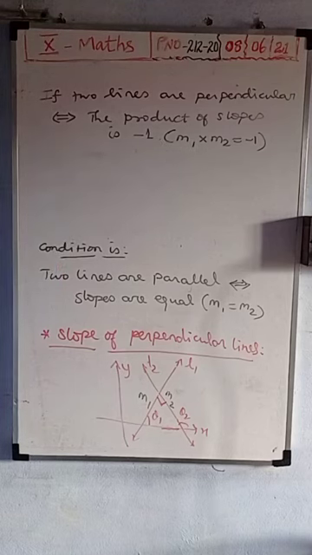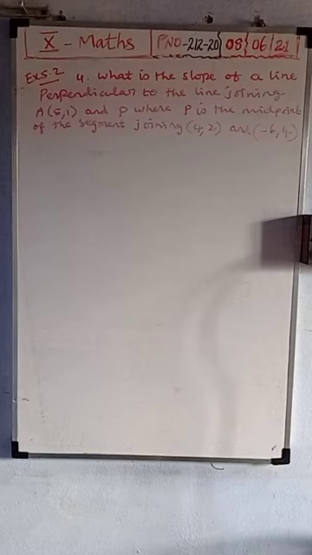Using these two conditions we are going to solve exercise problems. See exercise 5.2, fourth problem. What is the slope of a line perpendicular to the line joining the points A (5, 1) and P, where P is the midpoint of the segment joining (4, 2) and (-6, 4)? Do you understand the question?